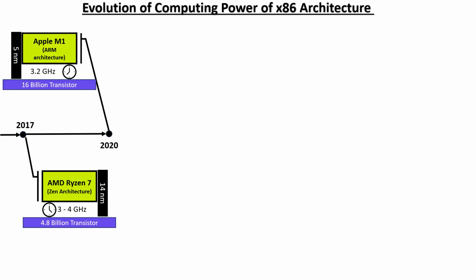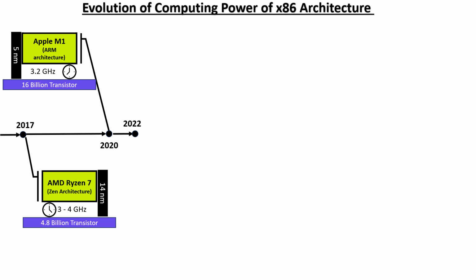In 2020, Apple came up with a revolutionary architecture using ARM architecture, which shrank to 5 nanometers, housing 16 billion transistors, and the clock speed achieved was 3.2 gigahertz.